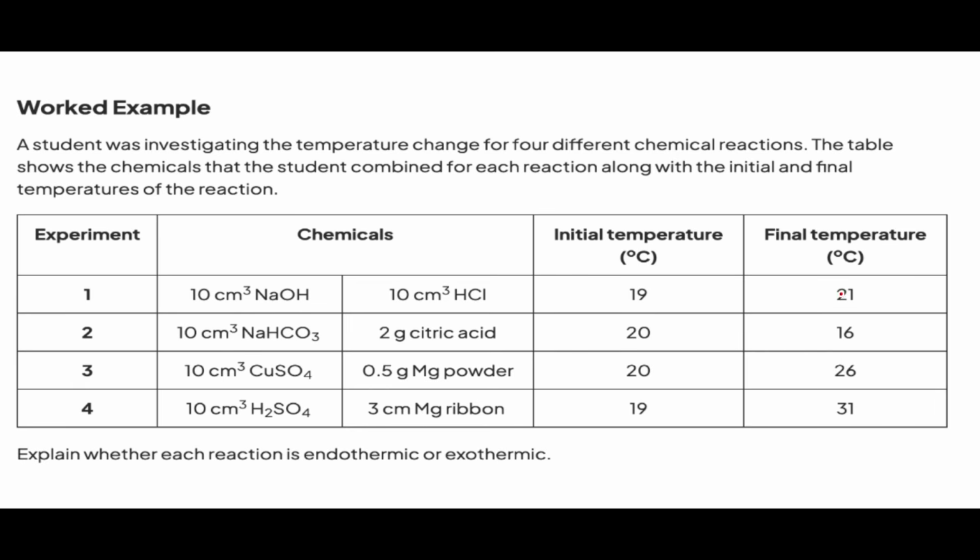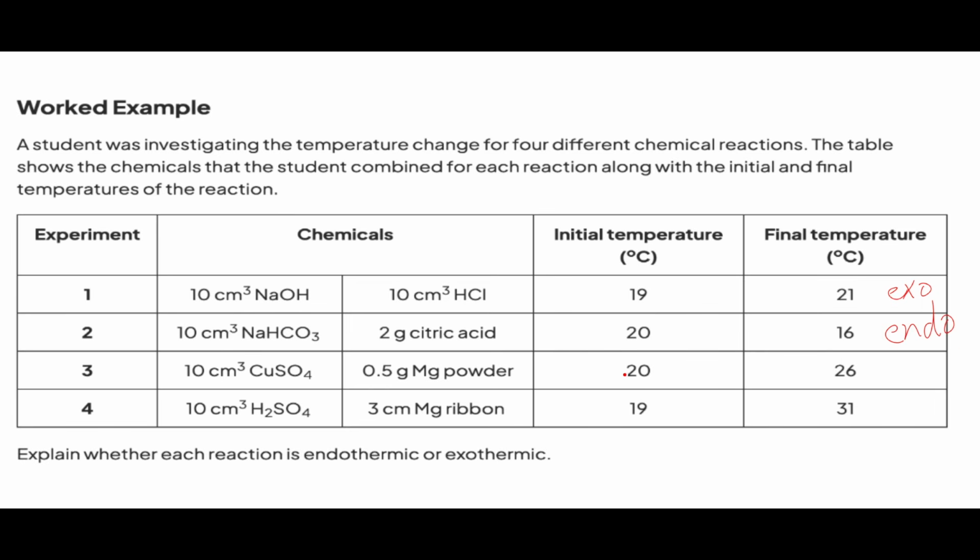As you can see, once the final temperature is higher, that means this reaction releases energy. So this should be exothermic. Okay? Makes sense. Let's go for number 2. Number 2 started at 20 Celsius degrees and ended up at 16. So the amount of energy at the beginning was greater and higher than the amount of energy at the end. That means absorbed energy, so this is endothermic.